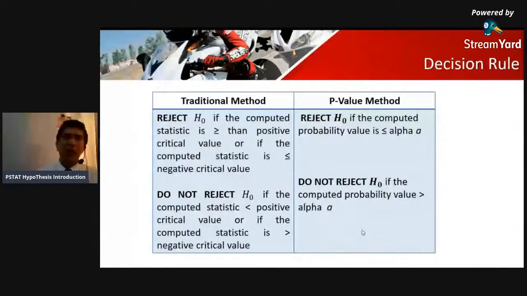Then do not reject H0 if the computed statistic is less than the positive critical value, meaning your statistic does not fall in the rejection region. And for the p-value, if the computed p-value is greater than the alpha, do not reject your null hypothesis. Instead, you will just restate the null hypothesis, and that will be your finding.